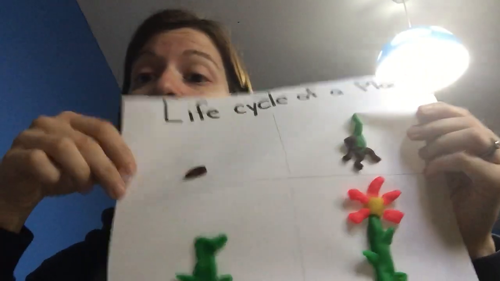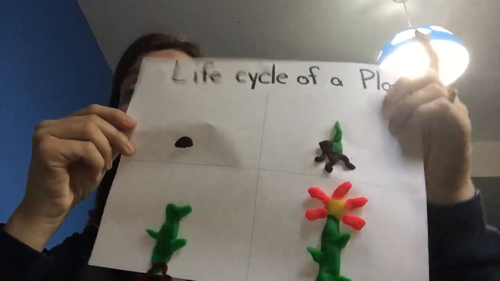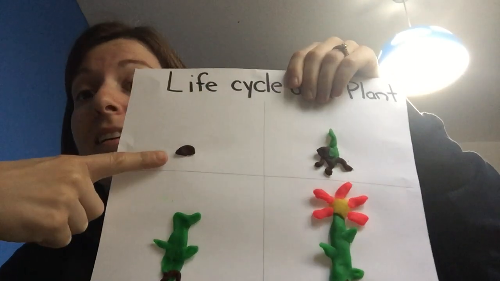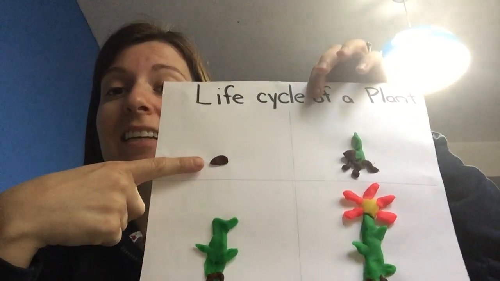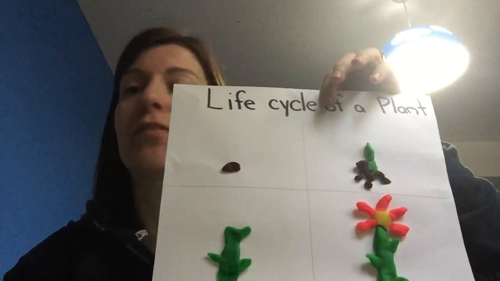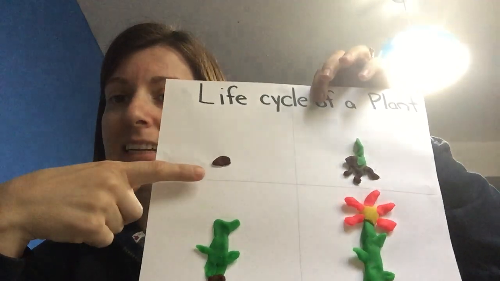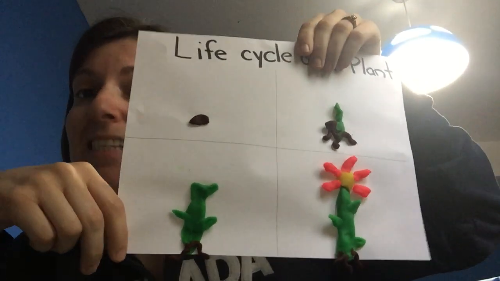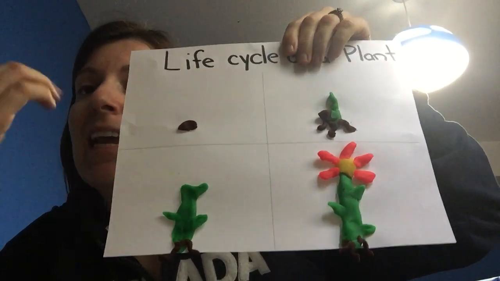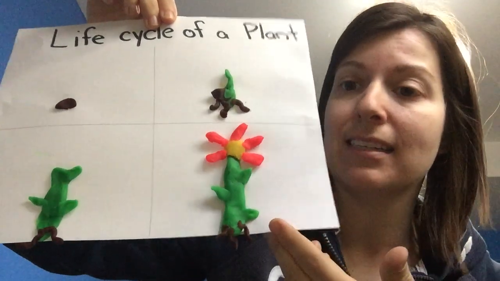So the very first thing that you would need to plant a plant is a seed. You can't have a plant without a seed. So that should be everybody's first picture, a seed. And another thing with the plant, the very last thing that we need in our plant cycle is to see an adult plant.